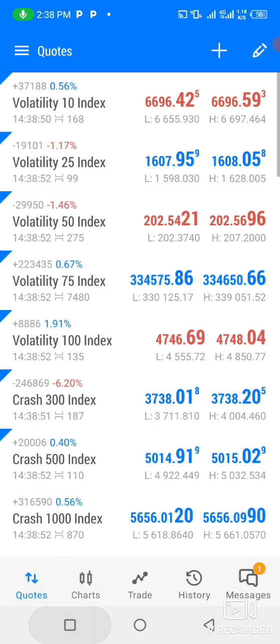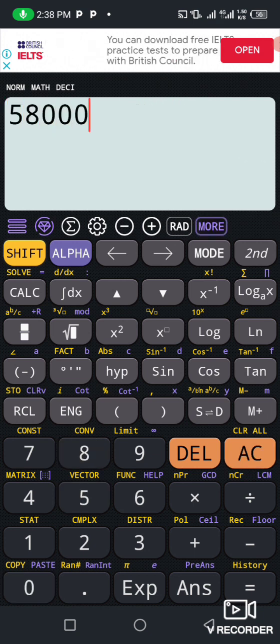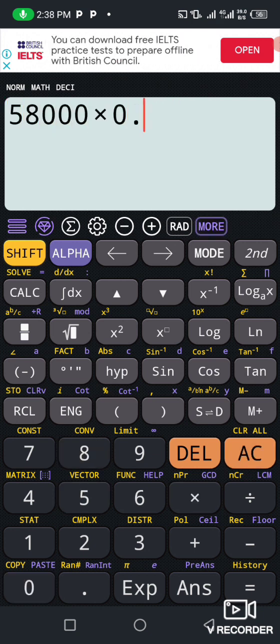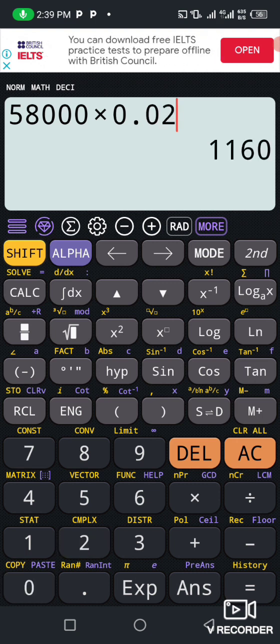In that case, we have 58,000 times 0.1, so your equity can't hold this trade. Then if you use a lot size of 0.05, it can still not hold the trade.